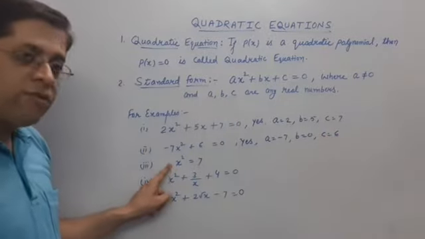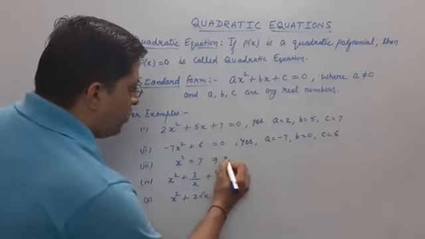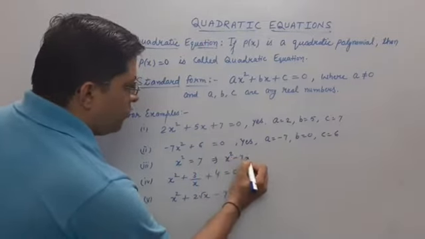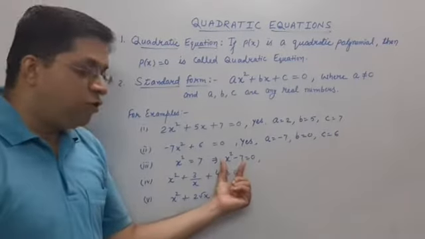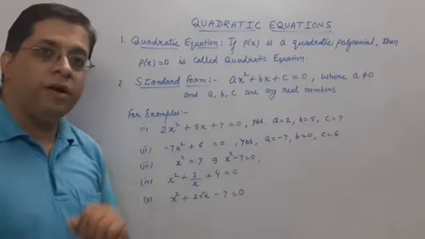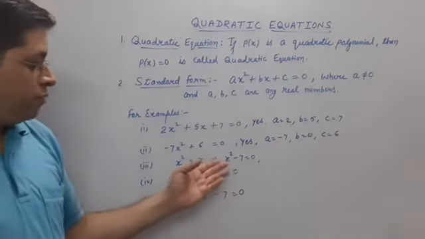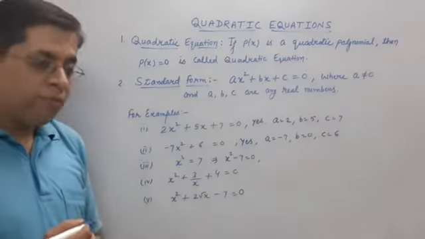Come on, for the next one. x square equal to 7. Can I write it in this way? x square minus 7 equal to 0. Then you judge. Is this a quadratic equation or not? Definitely it is a quadratic equation because its degree is coming 2. Okay.